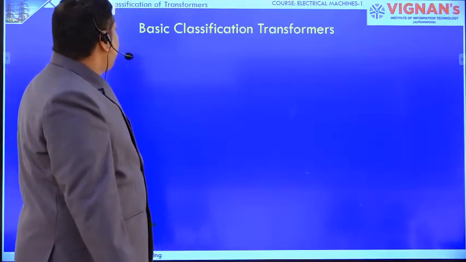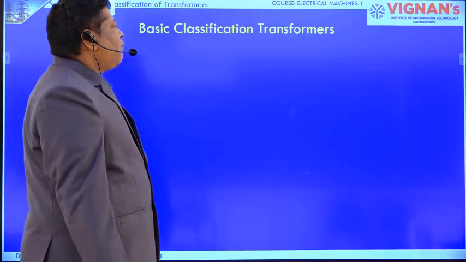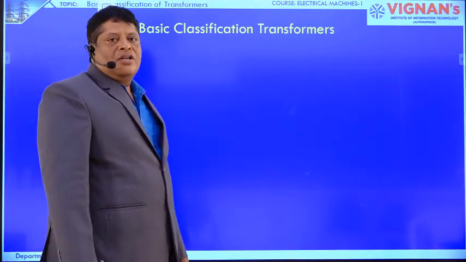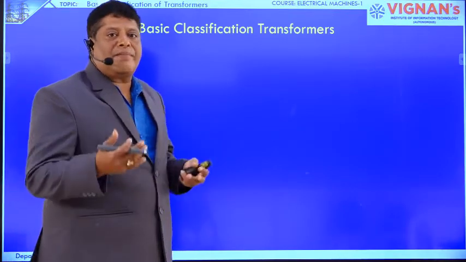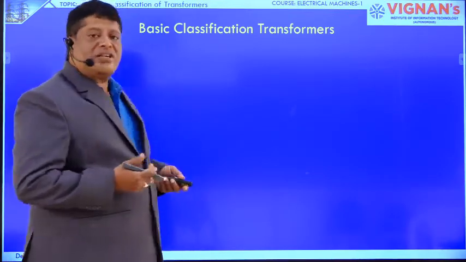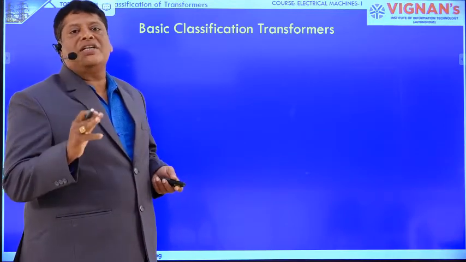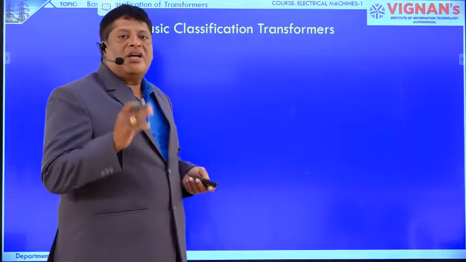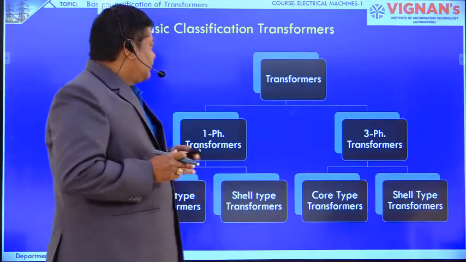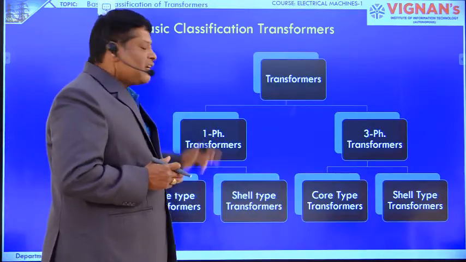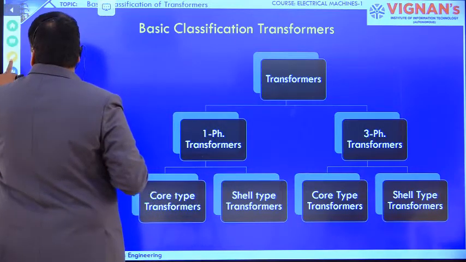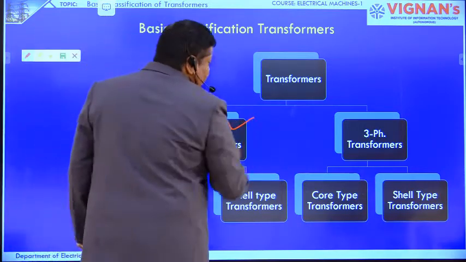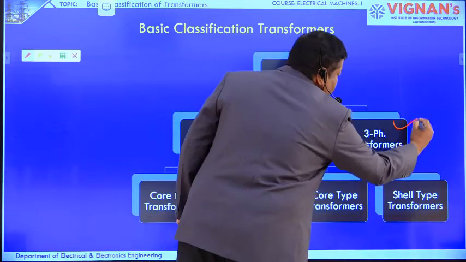Next, we are going to see the basic classification of transformers. Depending on whether the transformer is used on a single phase supply or a three phase supply, transformers are classified into two types: the single phase transformer and the three phase transformer.